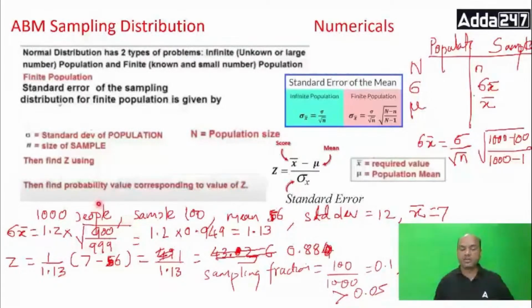Now tell me, is this finite population or infinite population? 1000 people, sample is 100.